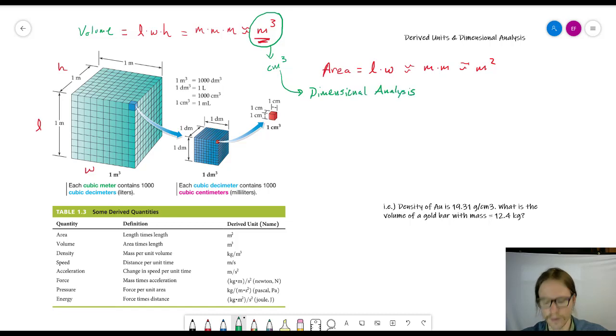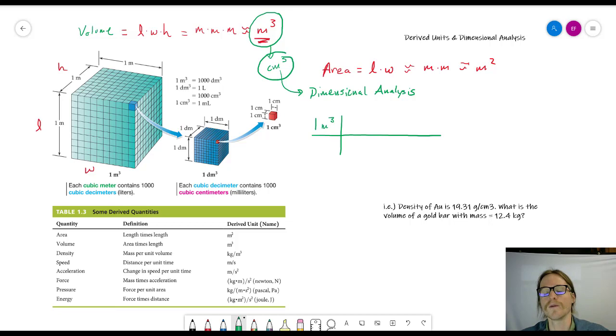Let's take a value of, let's say, 1 meter cubed, and let's set this up dimensionally. So again, we're starting with the value that we know, which is 1 meter cubed, and we're trying to get to this centimeter cube value. Okay, so we need some sort of unit conversion. That's what's going to go here with meters on the bottom.